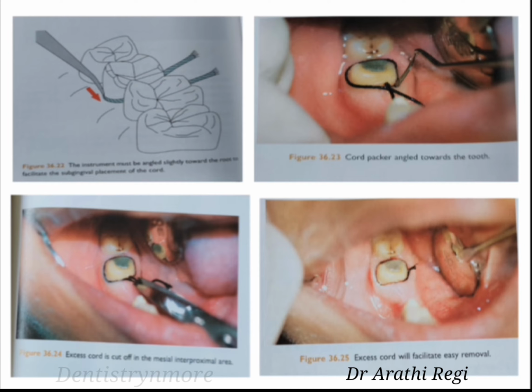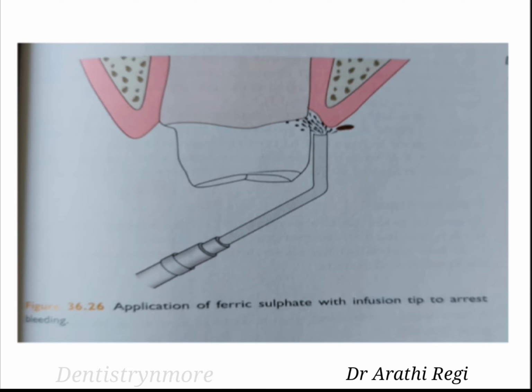After that the excess is cut and a small portion is left there for easy removal, as you can see here. After that it is moistened and the cord removed, and if bleeding still occurs then ferric sulfate is applied.